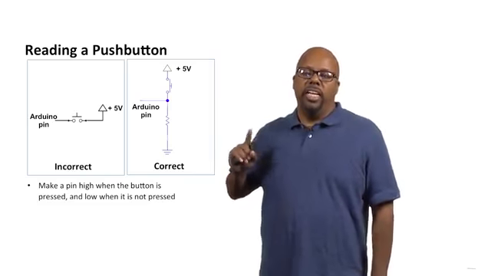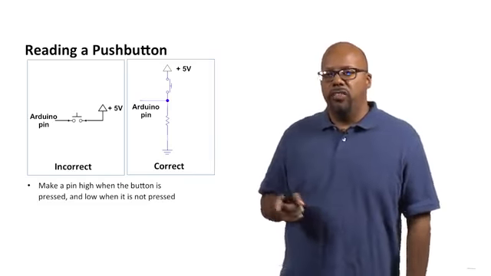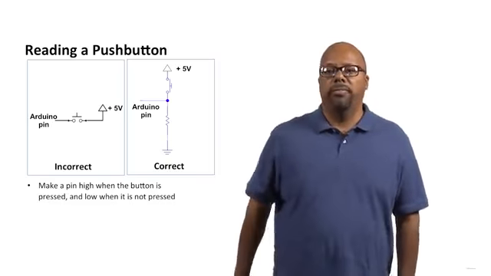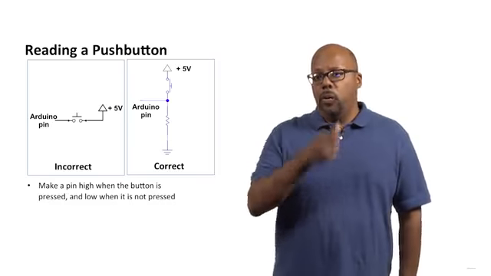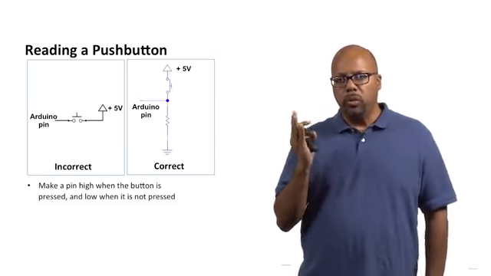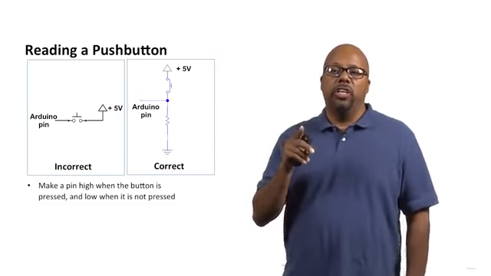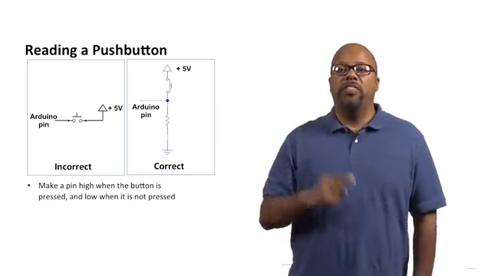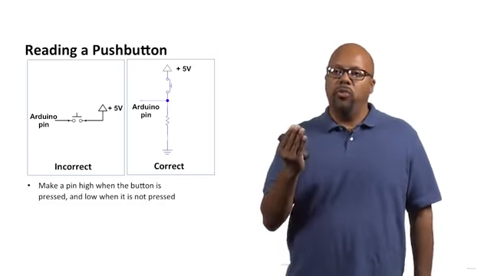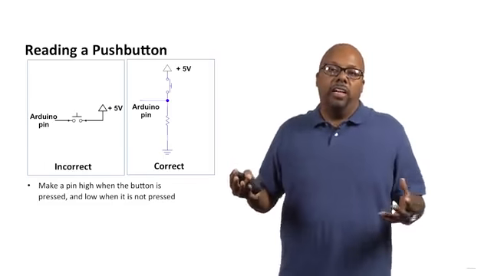A better circuit is the correct one. So if you look at the correct one, we wired this Arduino pin in between a resistor and a push button. Now, let's look at what happens when you press the button. When you press the button, you connect the Arduino pin directly to 5 volts. Okay? Actually, that's similar to the incorrect version, right? And we're happy, right?